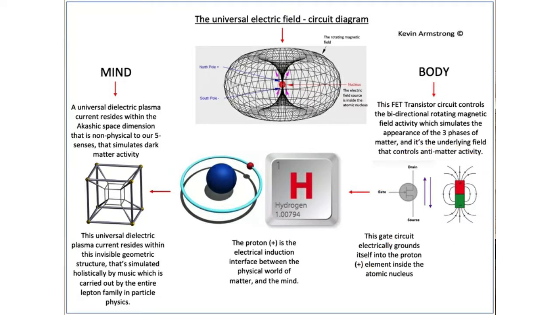And I see the gate terminal on this transistor. This is something that's actually electrically grounded right into this electric field circuit that I'm talking about here. Right into this fourth phase of matter, this plasma electric field dielectric current that exists within space. That gate circuit on the transistor grounds right into that.